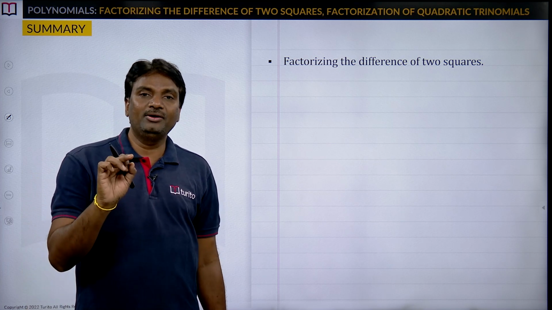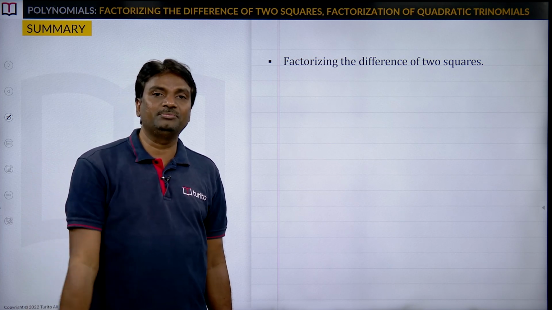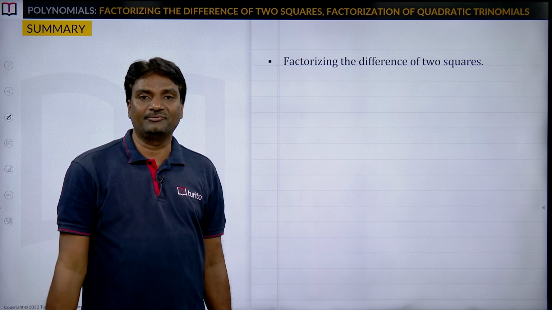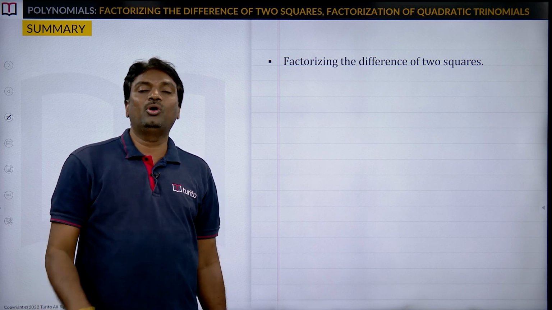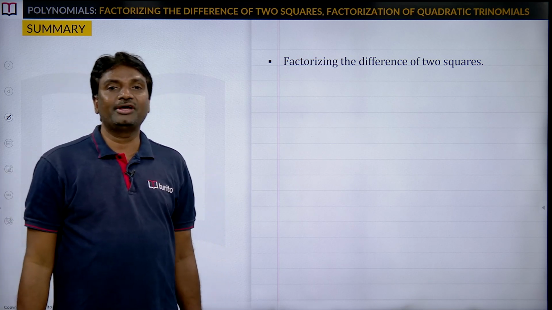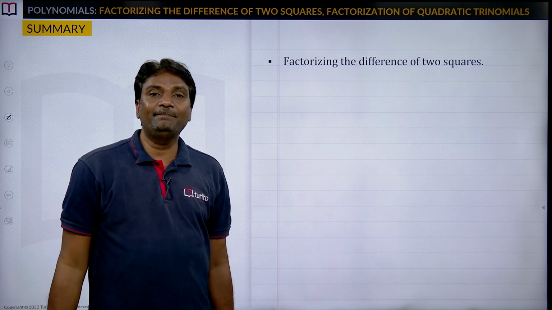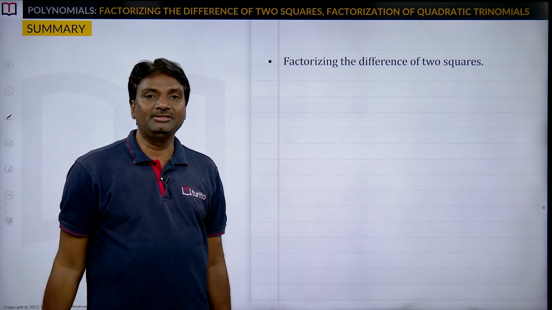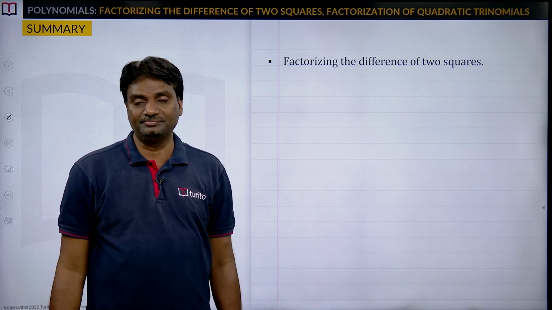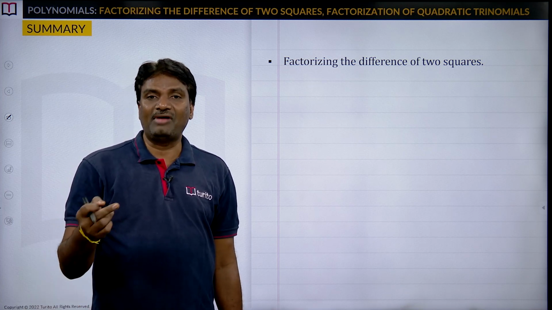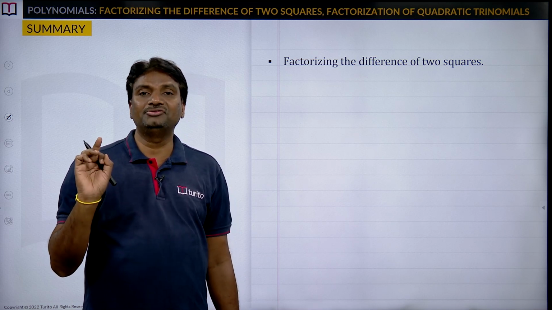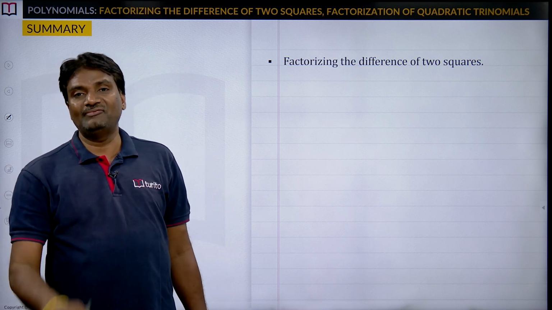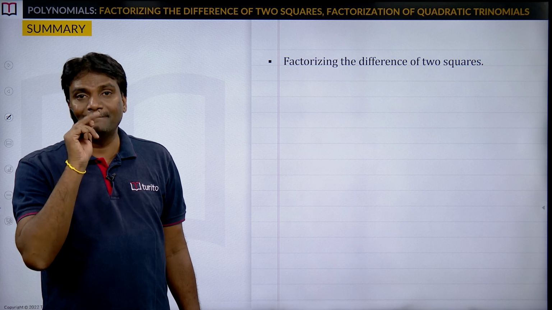If the given polynomial is in the form of x square plus bx plus c, take the factors of c. If the given polynomial is in the form of ax square plus bx plus c, multiply a and c, so you will get some value, and take the factors of ac. After getting the factors of c or ac, you can take the other factors according to the middle term.